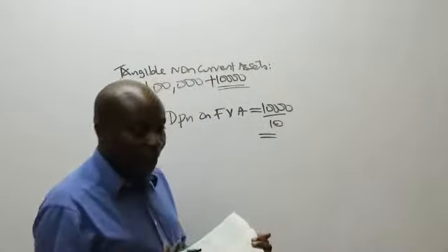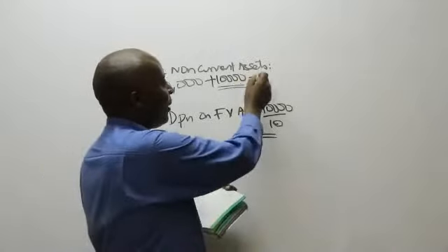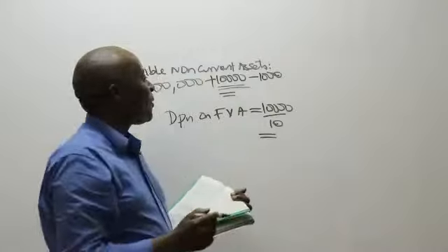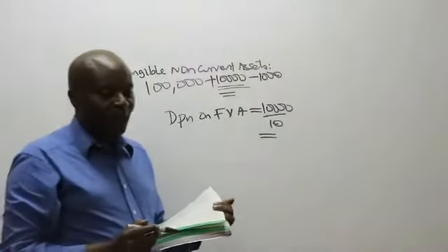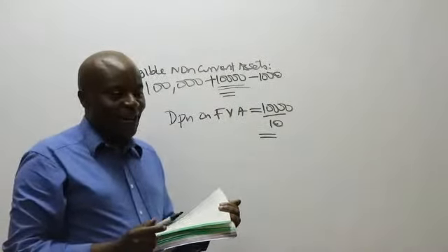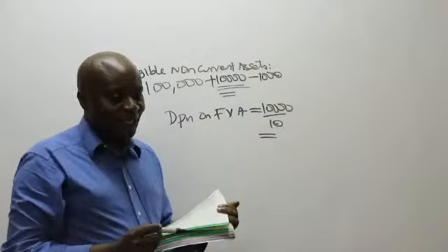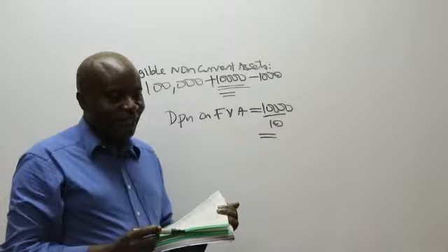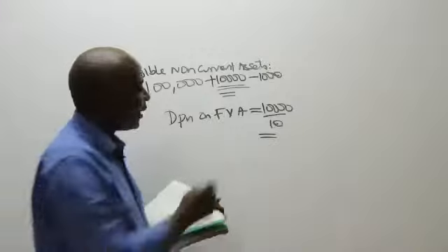These are reductions in value, so I say minus 1,000. So 100,000 plus 10,000 minus 1,000 will give me what figure? 109,000. Thank you very much.